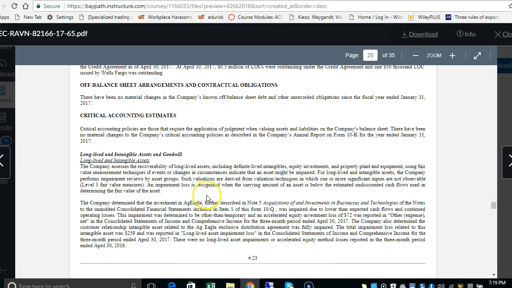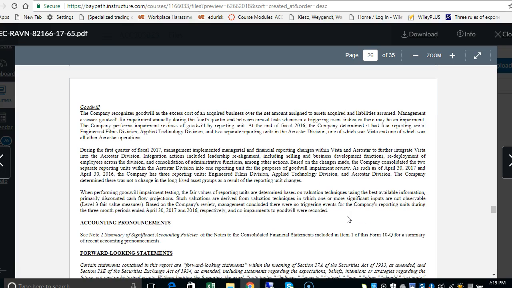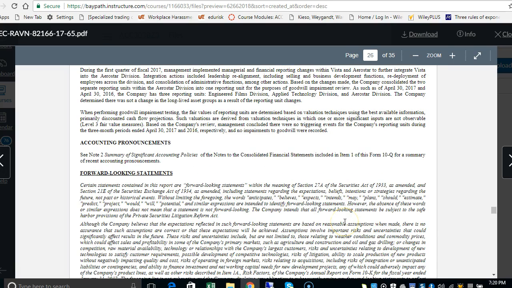So they go on to talk about how they estimate long-lived and intangible assets. Goodwill, obviously, is a big part of their business because they're doing acquisitions. So they discuss that. And then comes forward-looking statements.